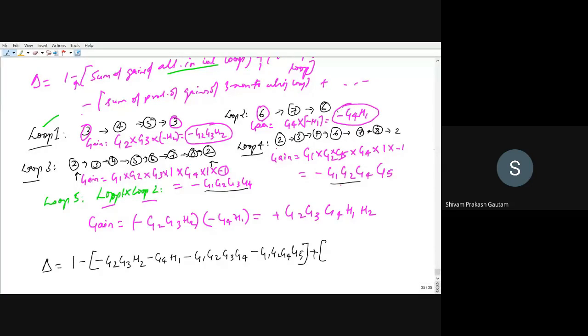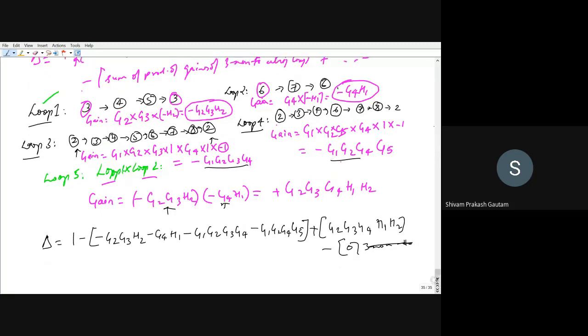Plus the sum of products of gains of two non-touching loops. We have already done the product; you can see loop 1 into loop 2. So this will be plus G2, G3, G4, H1, H2. There are no other non-touching loops. Minus the sum of products of gains of three non-touching loops. We do not have any three non-touching loops, so this will be equal to 0.